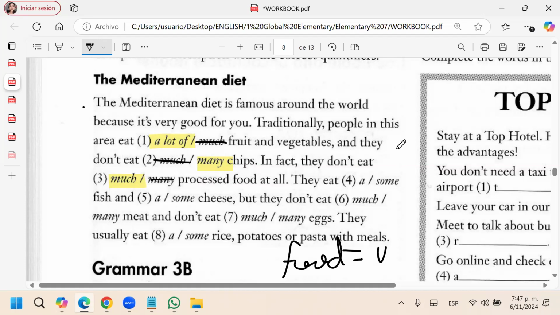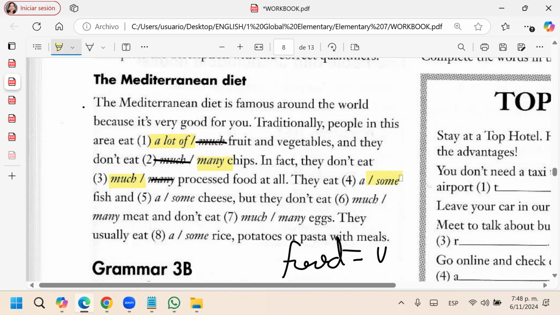They eat fish and cheese. A fish and some cheese? A fish, just one. No, some fish. Some fish, yes. Because if I say a fish, it's like they just eat one fish. That's it, just one.